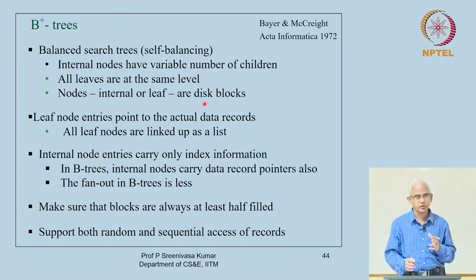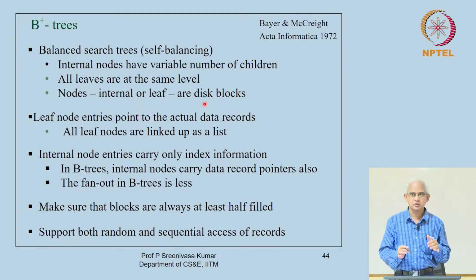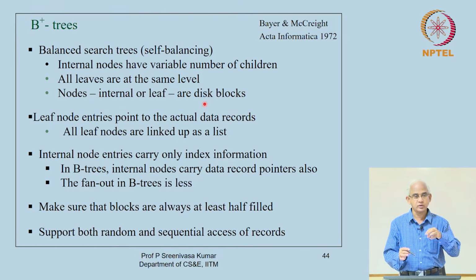Basically, as you will notice in a short while, the number of children that a node has will be very high. We also call it the fan out. The fan out will be very high, running to something like 100, 150. So, a node will have 150 children.